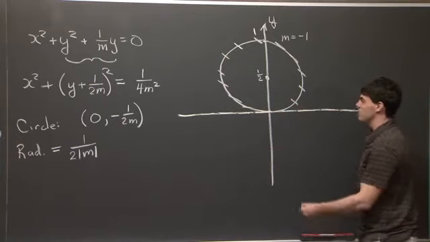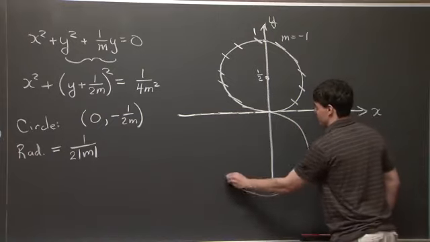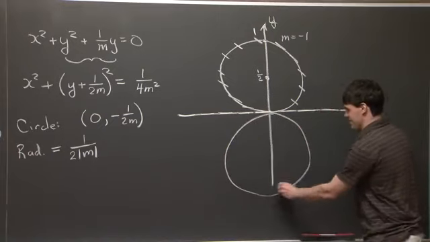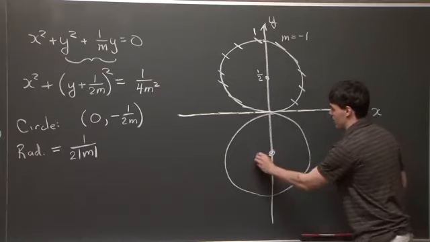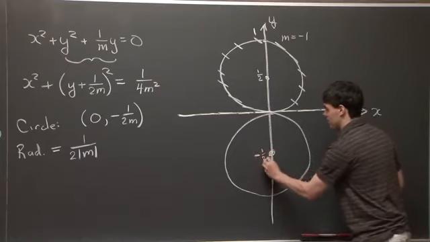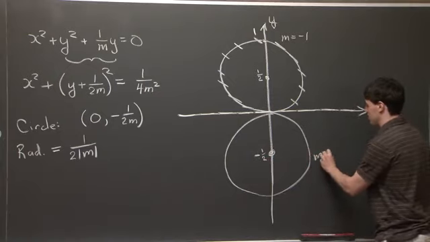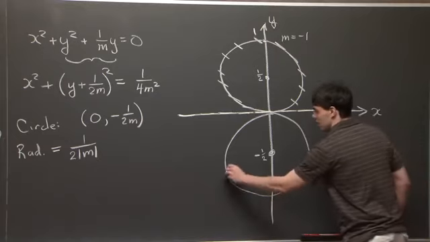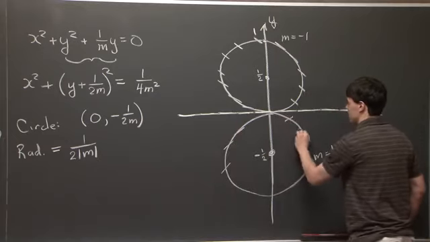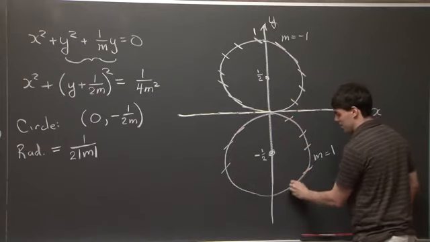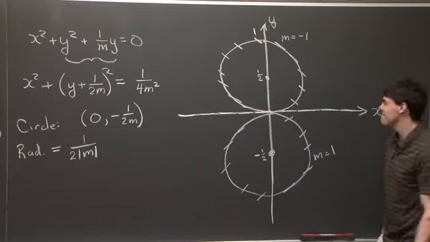Now, in addition, we can also get another circle which is centered at -1/2. And this corresponds to the isocline of m is equal to +1. And every point on this circle has slope +1. Those should all be the same.